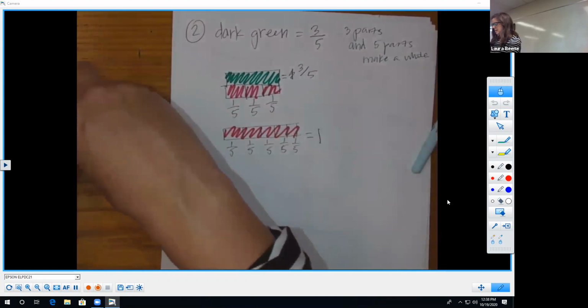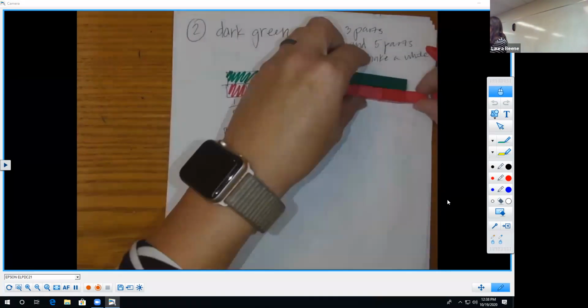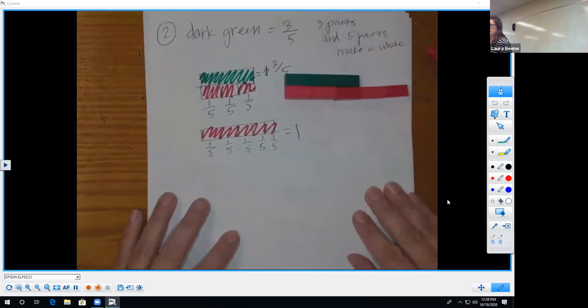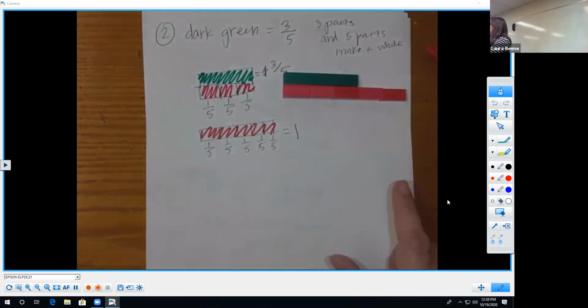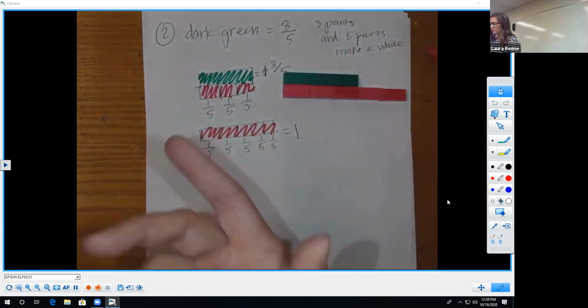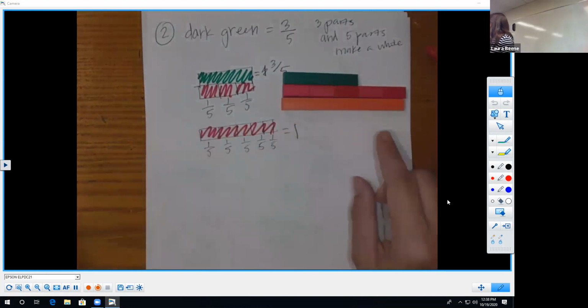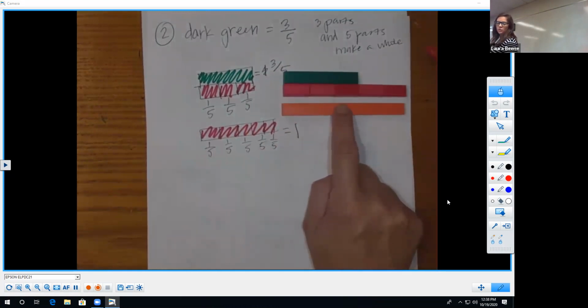So let me actually do that with my picture here. So 5 reds make a whole. And from there you could just use that as your whole, or if it actually asks what is the whole, you would need to figure out what rod that is, which is actually the orange rod. So if the question asks what's the whole, the answer would be 1 orange rod is the whole.